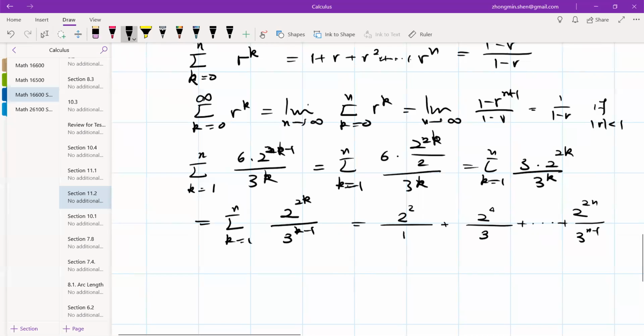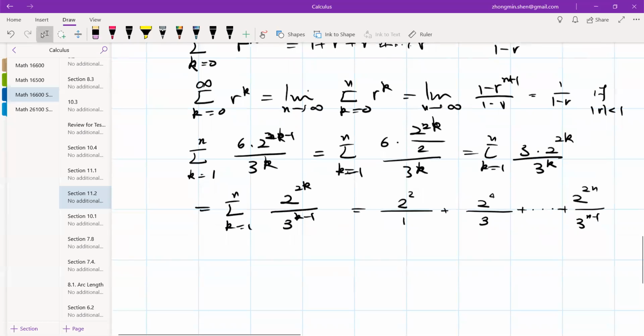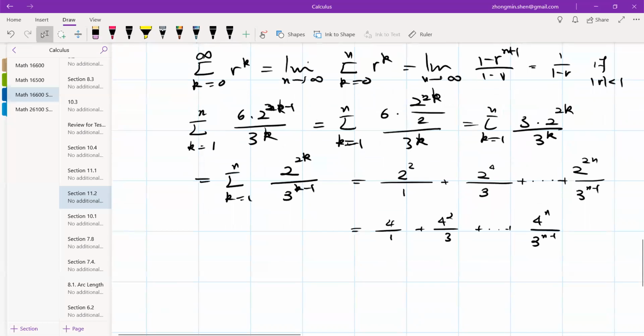So can we combine them into one fraction? I think the answer is yes. You can rewrite this as 4 over 1, then 4 squared over 3, and here 4 to the power n over 3 to the n minus 1. So you can take 4 out. That's all you need.